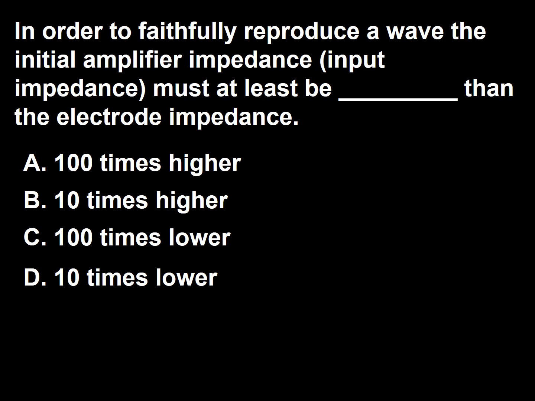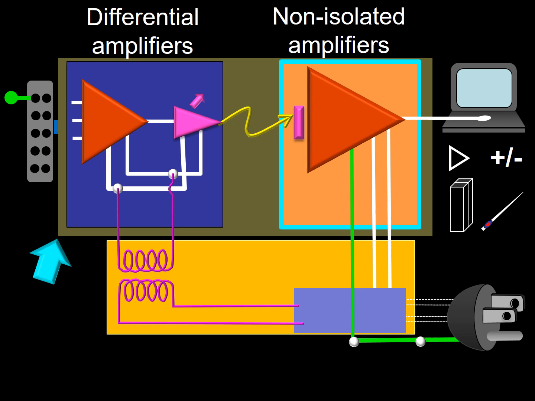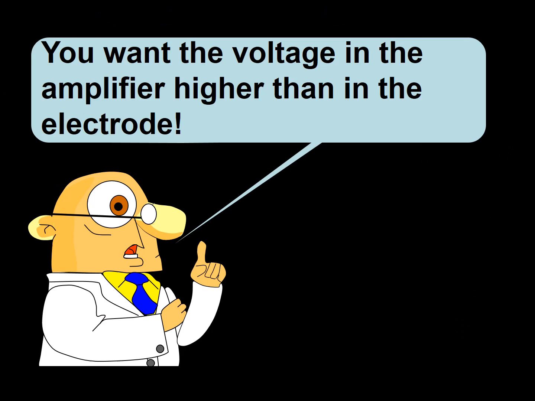D, 10 times lower. Most modern EEG machines have differential amplifiers with very high impedance in the millions.